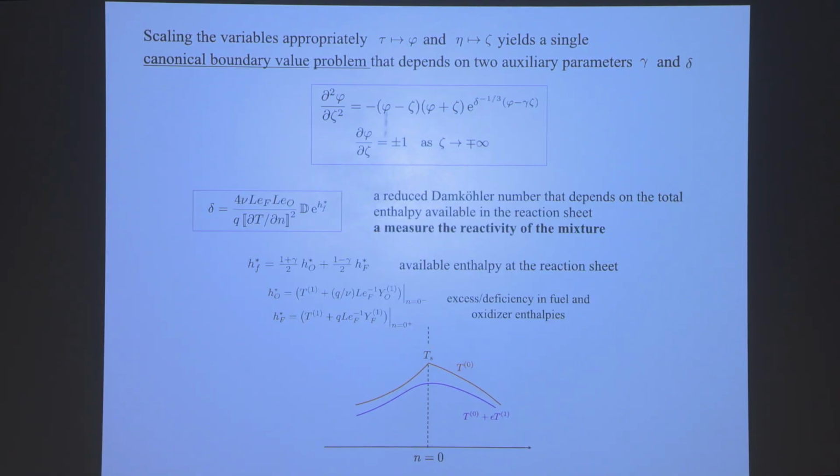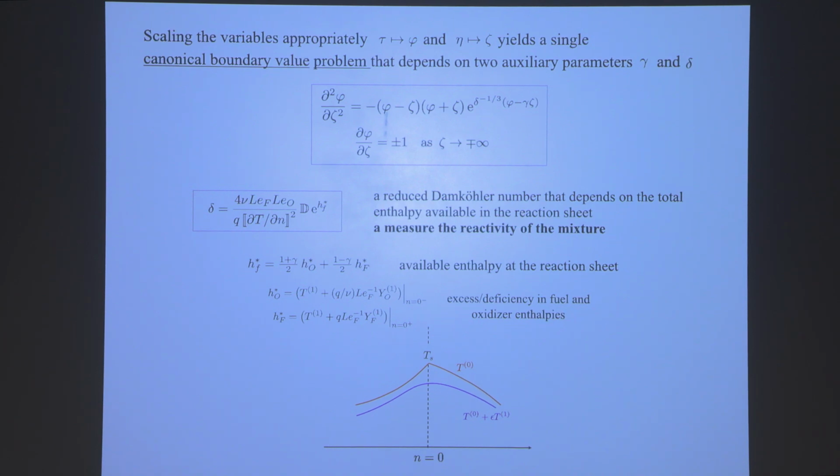The second parameter is delta, which is essentially like a reduced Damköhler number. In fact, before I tell you what it is, if you take delta goes to infinity, delta to the minus third goes to zero, and you get exactly the structure of the Burke-Schumann flame. And so delta turned out to be related to the available enthalpy at the reaction zone, which is associated with T1, YO1, YF1.